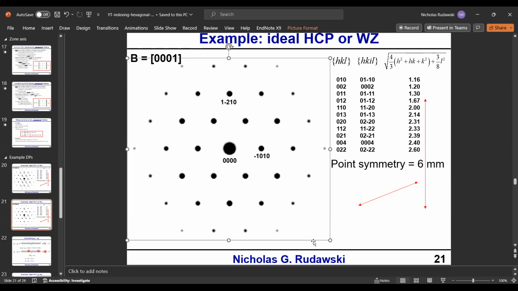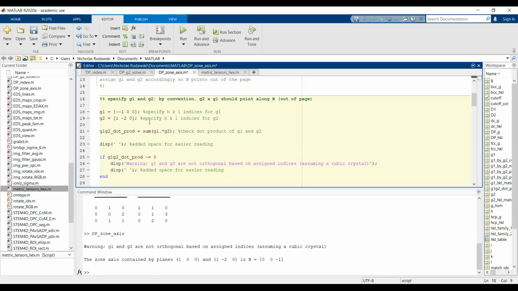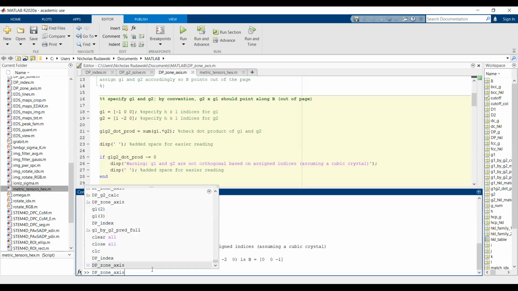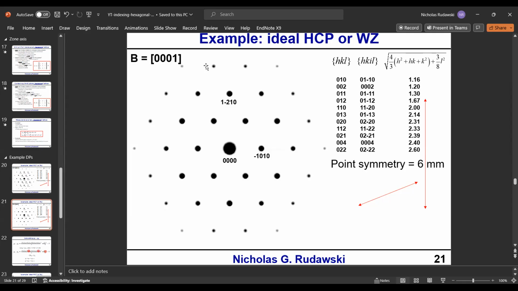Now we can prove this just to satisfy our curiosity. We're doing 1 bar 0 0 cross 1 2 bar 0. Let me go back to MATLAB. So we have 1 bar 0 0 cross the other one, and we get out 0 0 1. So if all you have to do is flip a negative, that's the quickest way to do it. You don't have to kill yourself with that one.